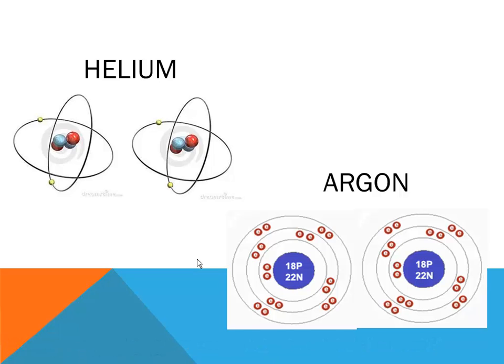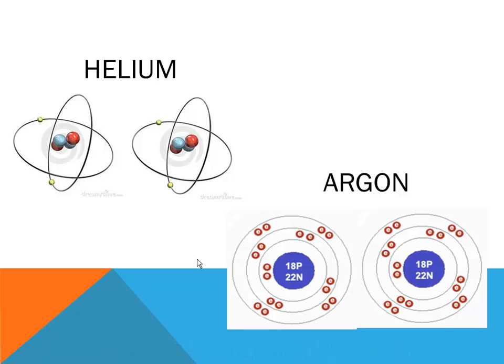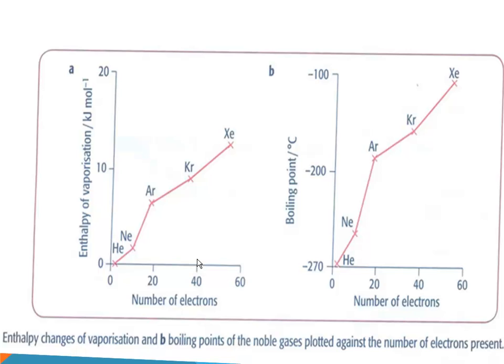So argon would have a stronger van der Waals force than helium. Therefore, it would have a higher melting point and boiling point than helium. So the bigger the molecule, the stronger the van der Waals forces.